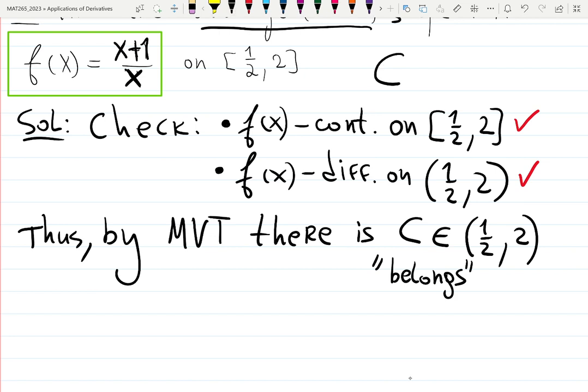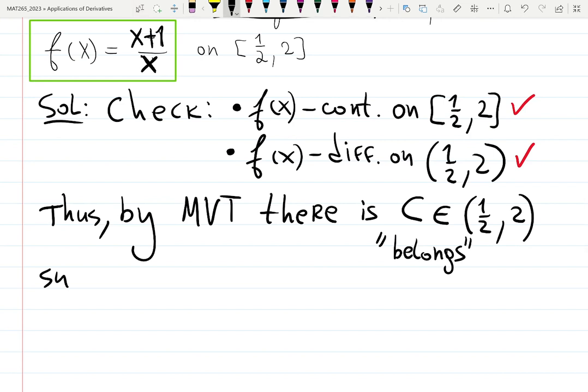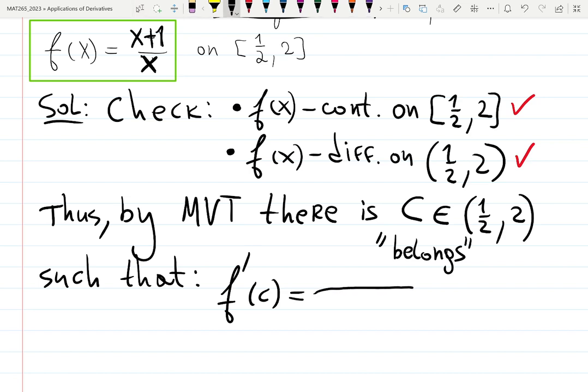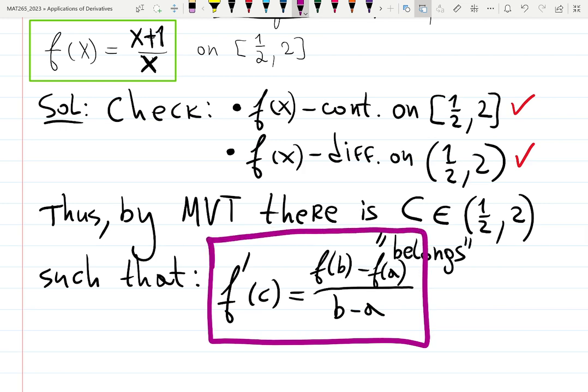So C with a little tongue, such that, and the formula says that the derivative at that C will be the same as the average, F at B minus F at A over B minus A. The right hand side in this case is the average.